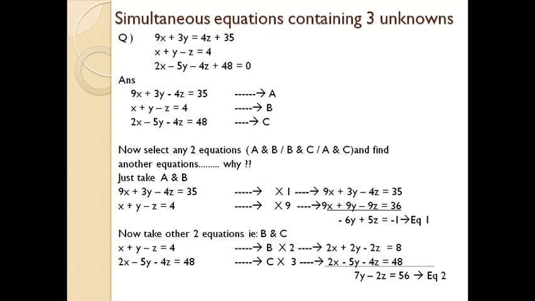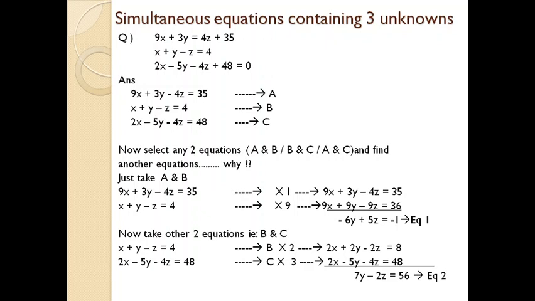Now you have arrived at two equations. Why we followed this method is that in a simultaneous equation having three unknowns, we have to eliminate any one variable, like x, y, or z. That's up to you. You eliminate one variable so that you get two equations. In the question there were x, y, z, but you have developed two equations with only two variables, y and z.